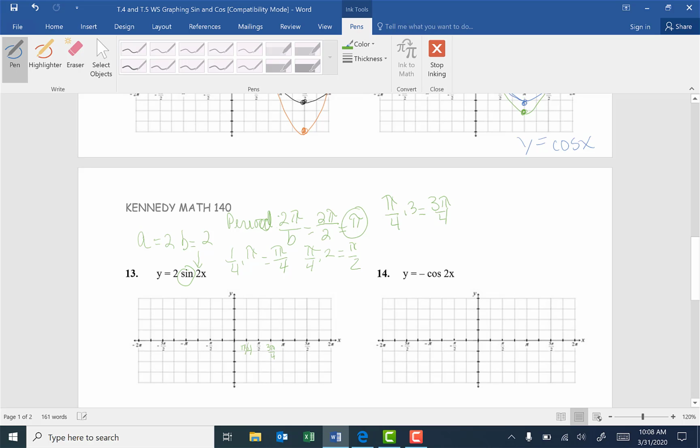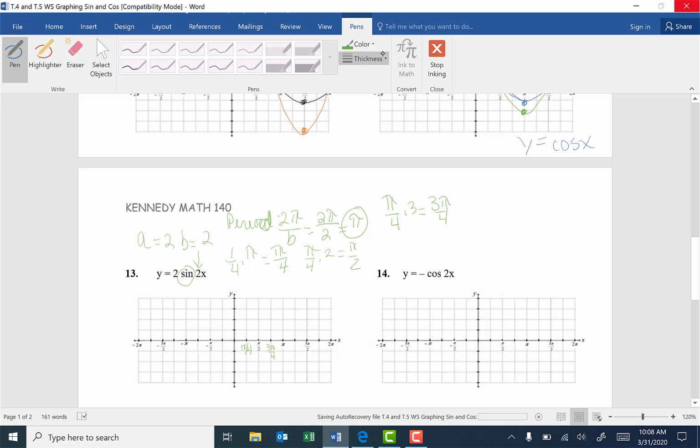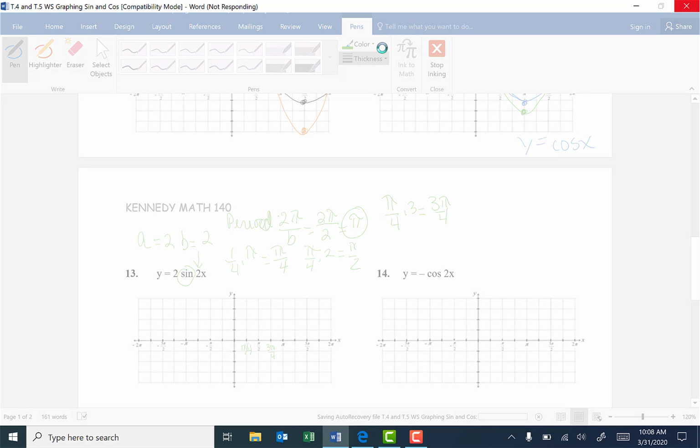So we know the sine curve always starts at, let's get a different color here that we can see better. I liked that orange. Well, I guess not. It's not letting us change color for some reason. Okay.